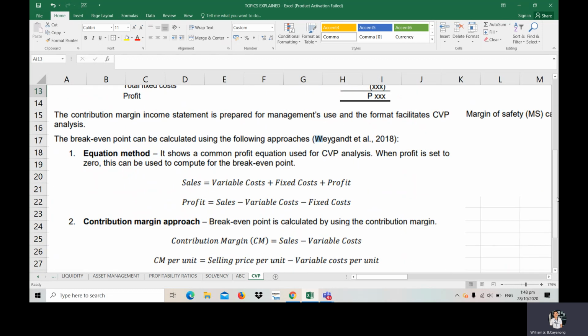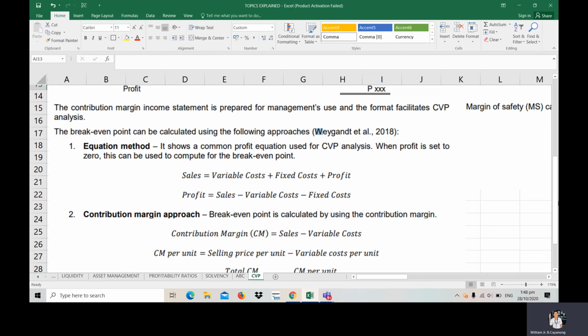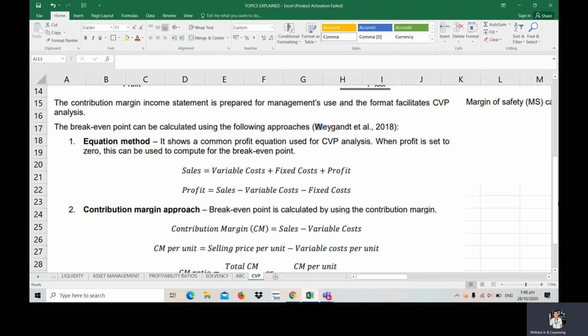The contribution margin income statement is prepared for management use and the format facilitates CVP analysis. So the break-even point can be calculated using the following approaches. We have the equation method. It shows a common profit equation used for CVP analysis. When profit is set to zero, this can be used to compute for the break-even point.